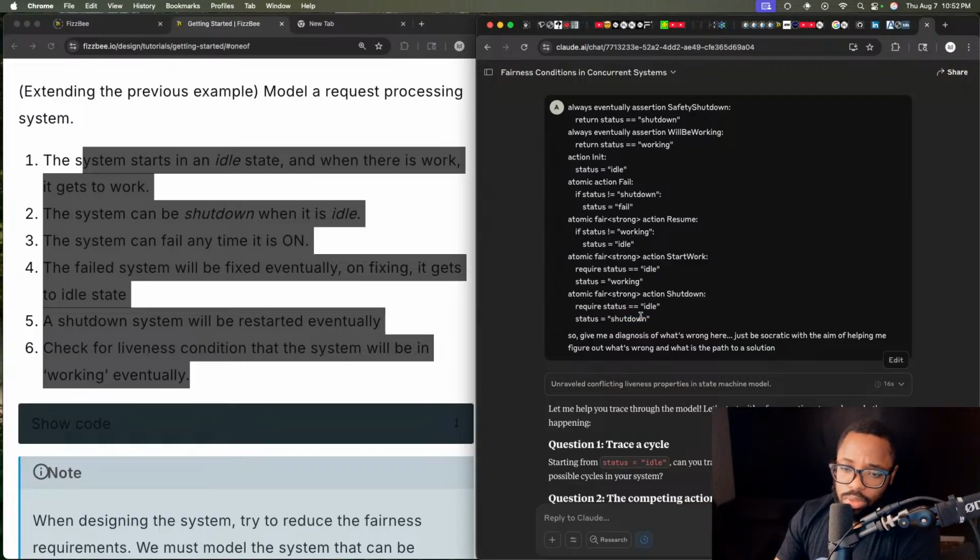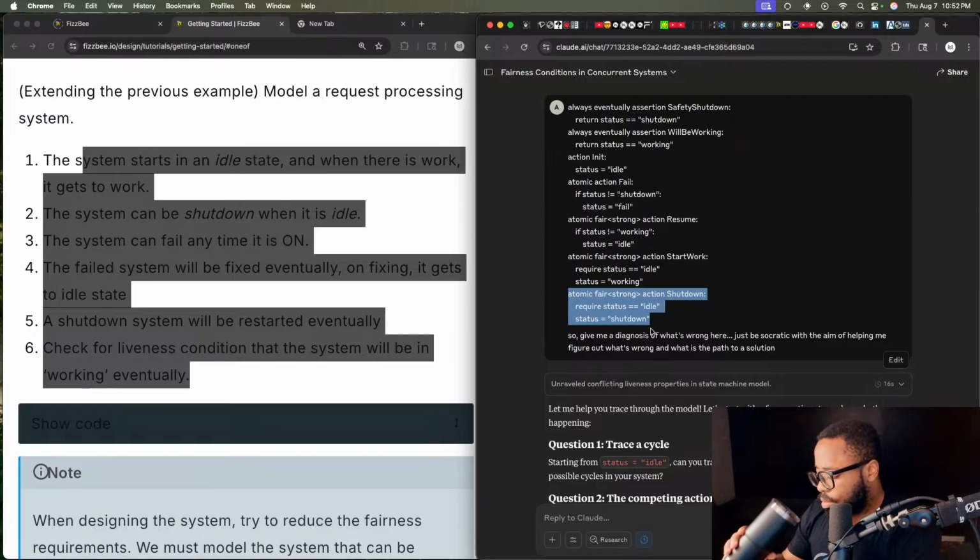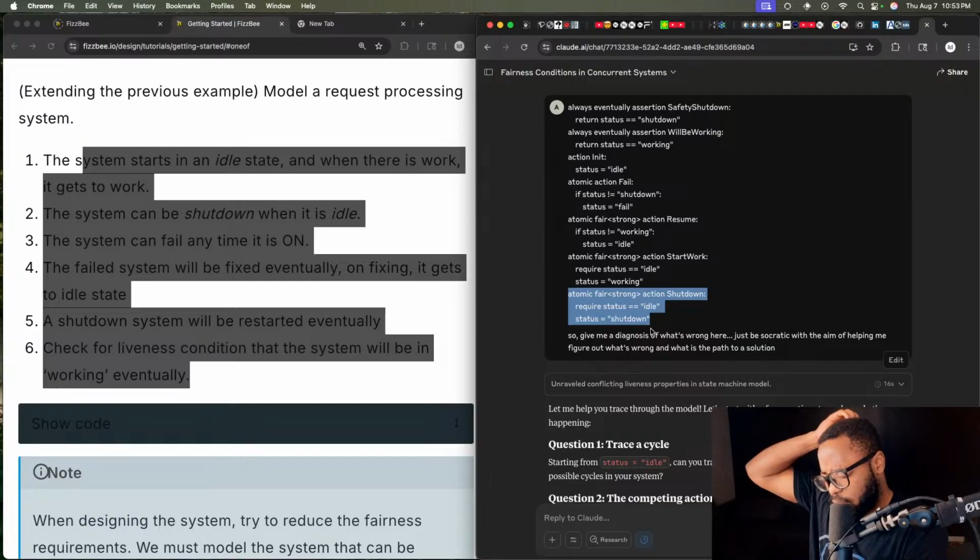Yeah, but then with the strong thing, wouldn't you be forced to do this at some point? I thought that was the point of the strong fairness, because you're enabling transition between idle and not idle. Or does it have to be a direct transition to work? Actually, that doesn't make sense. So idle, working, fail, idle.